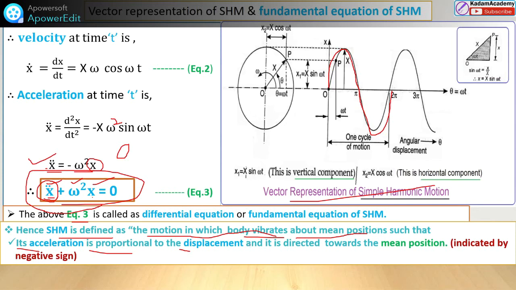So it is directed toward the mean position, and how is it represented? This negative sign, the minus sign, represents that it is directed toward the mean position. So this is the definition: the motion which vibrates about the mean position such that its acceleration is proportional to the displacement and is directed toward the mean position. This is the total definition for SHM.